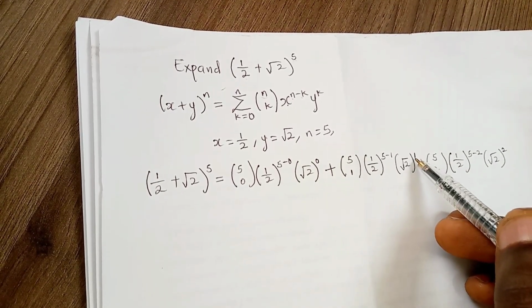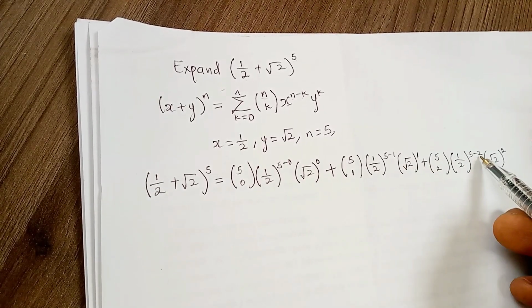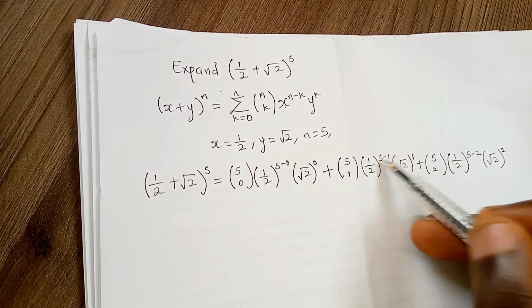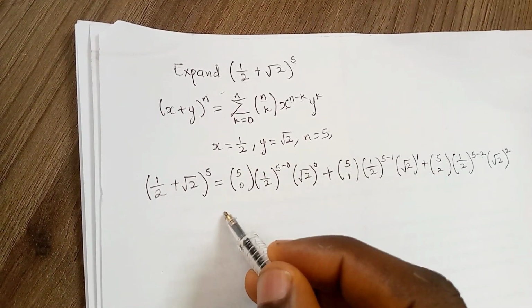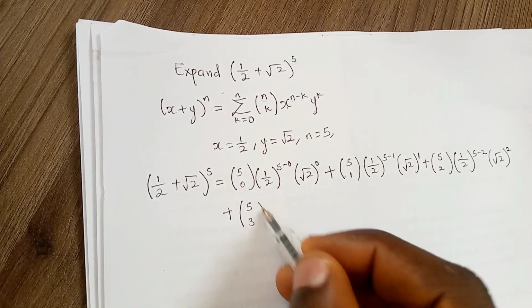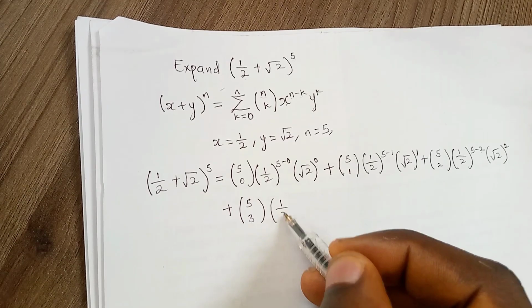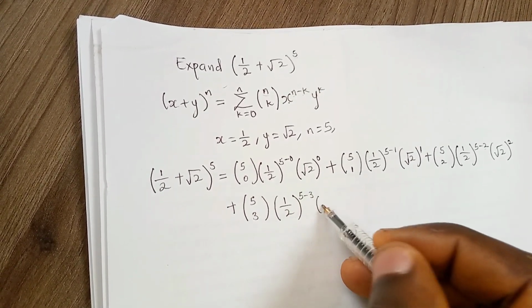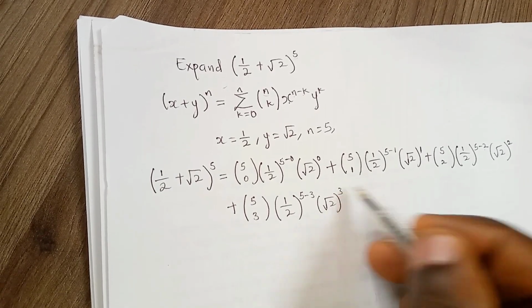So you discover that we are increasing k, and then we are subtracting k from n. The next one is plus 5 combination 3, 1/2 to the power of 5 minus 3, square root of 2 to the power of 3.